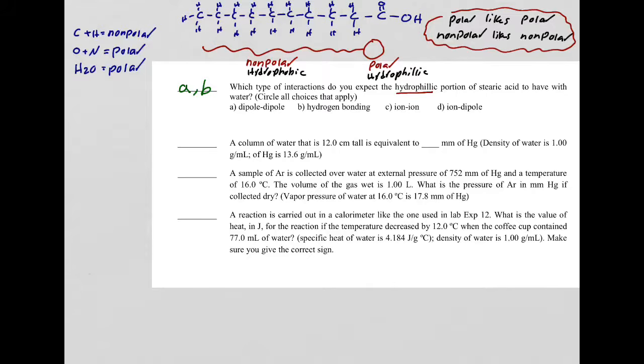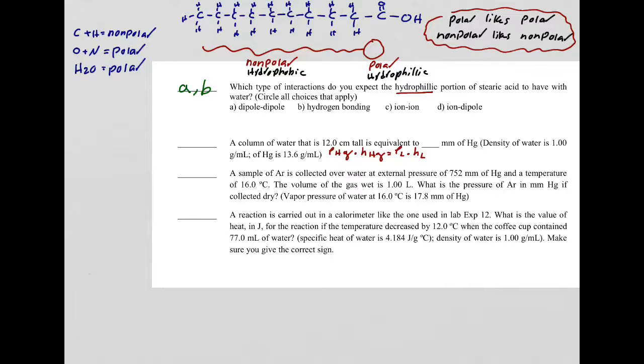We said every time you see a question with millimeters of mercury and density of the mercury, write down the equation that you know, which is density, the sign for density is rho, density of mercury times the height of the mercury equals density of the liquid, it could be any liquid, water in this case, times the height of the liquid. You follow me so far?